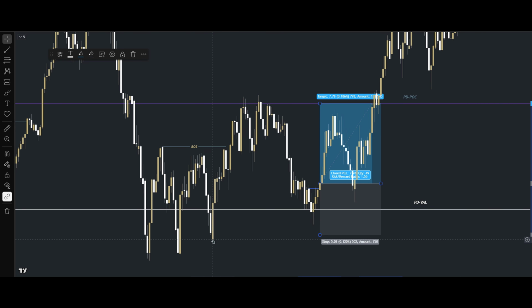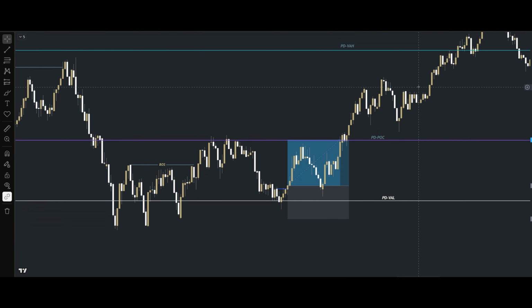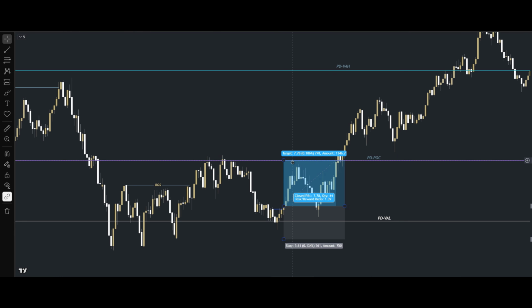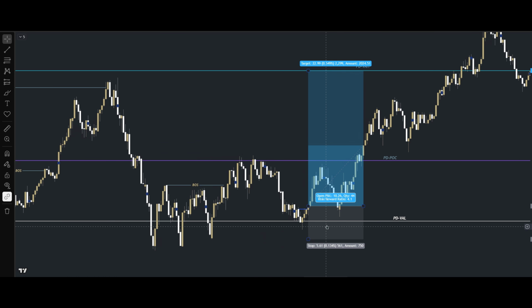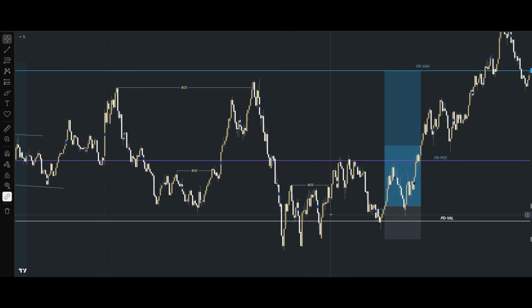I kept it under this little swing point right here, so you can keep it like right there and it's fine. And then you can target the point of control if you want, or you can target other nodes. You can target the previous day's value area high as well. It's up to you, but as you can see, that is essentially what the side is talking about.